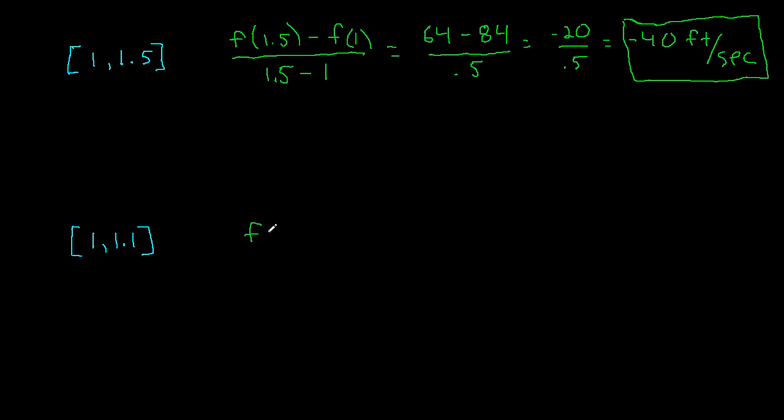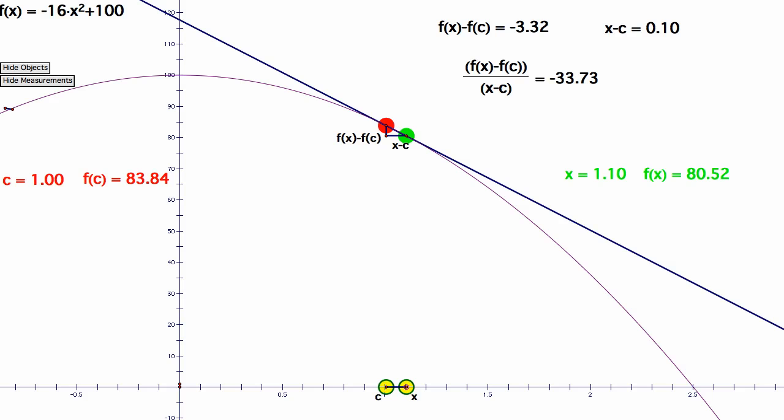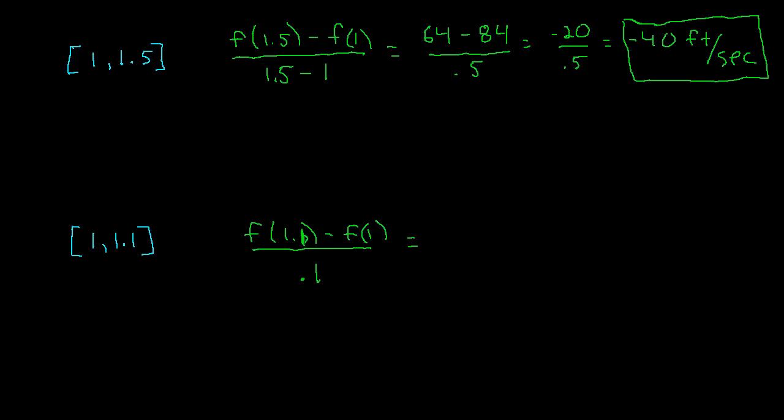We have f of 1.1, whoops, that should be a 1, minus f of 1, all over 1.1 minus 1, which is really 0.1. And we saw that if we perform that calculation, I forgot what it was, negative 33.73 feet per second. It should be feet per second. It's kind of sloppy, I apologize.